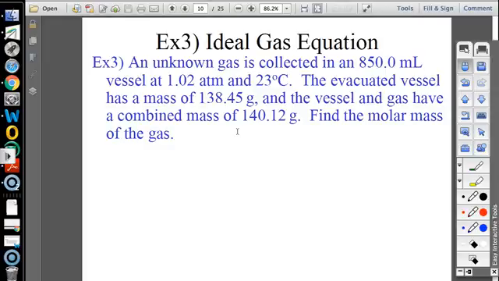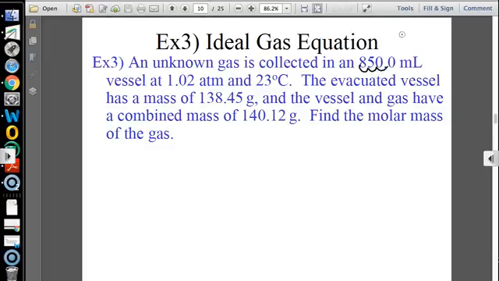An unknown gas is collected, and you can already see how they're throwing stuff in. Like 850 milliliters. So that's 0.850 liters. Okay, so I do have a volume here. For these more complex ones, and this is what I'll teach y'all next year, I like to just keep a list, because in terms of temp, it's not like 5 things and you fill it in.